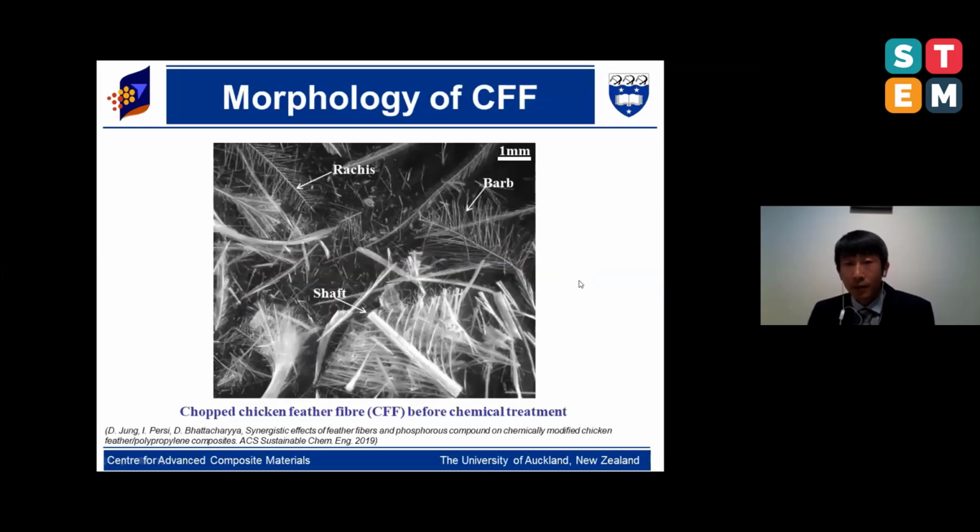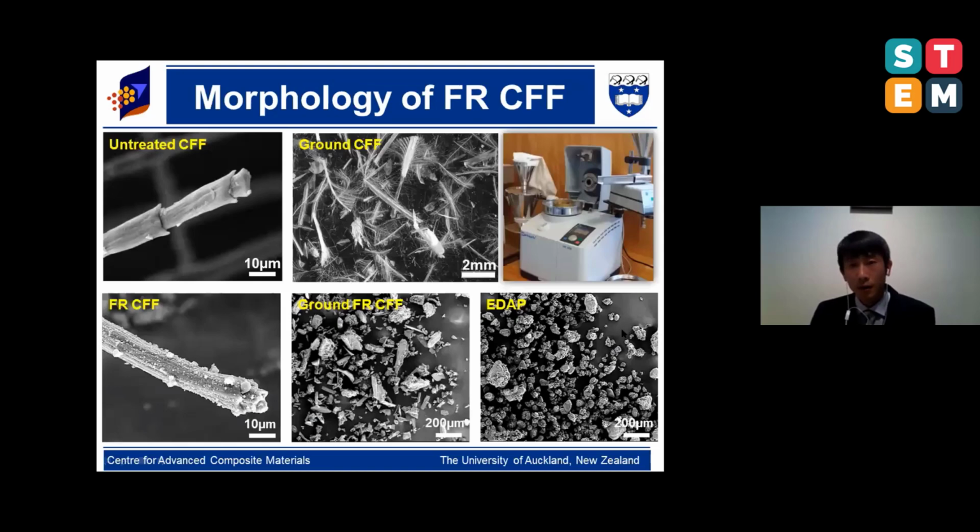This is the morphology of the chicken feather, chopped chicken feather. The most difficult thing to use the chicken feather as a reinforcement or filler to the composite is how we can give the uniformity to this particle. But in our experiment, we use strong acid and reactive amine.